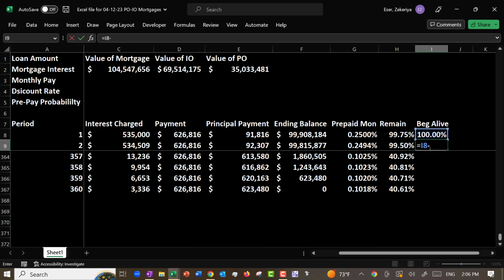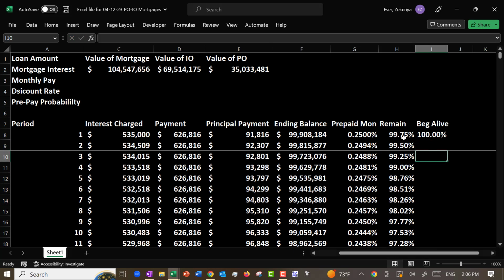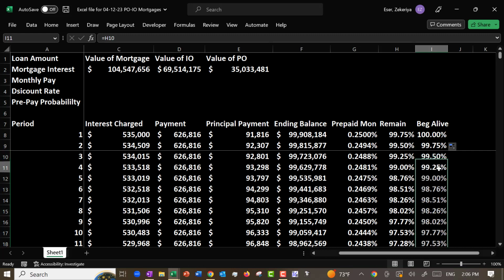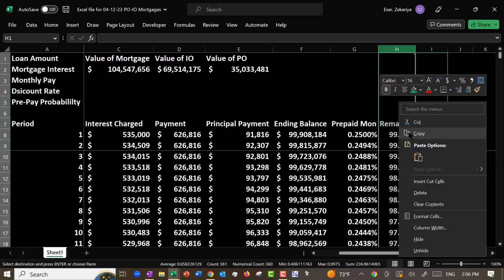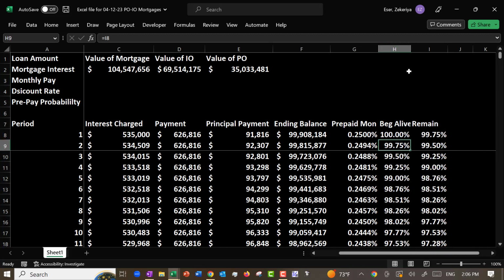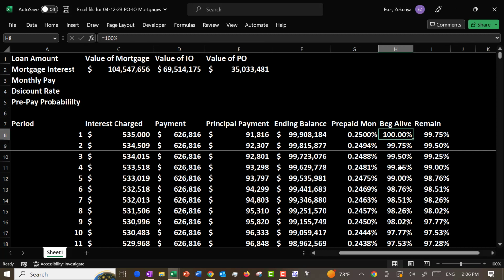Actually, that's what remaining that month. Let me cut, insert, cut cells. At the beginning of each month, we know what percent was alive. And at the end of the month, we know how much is still alive.